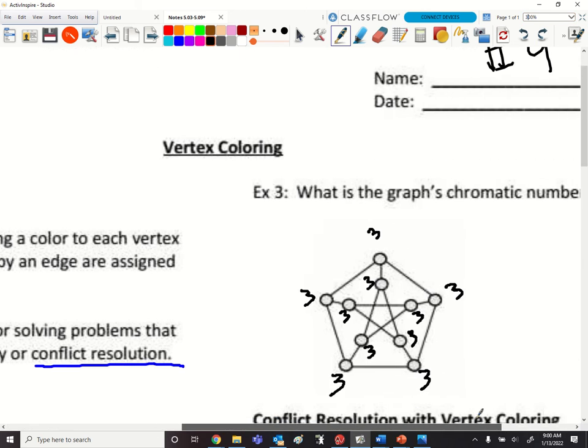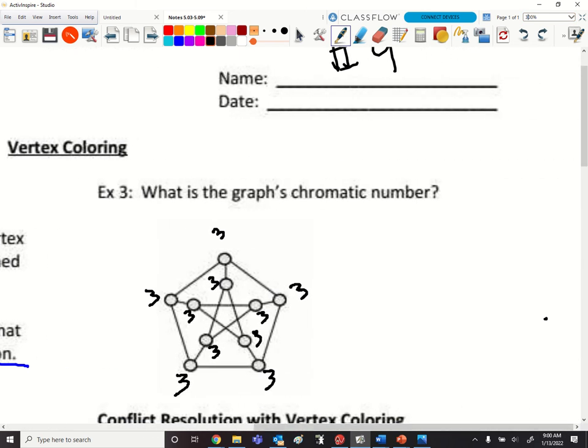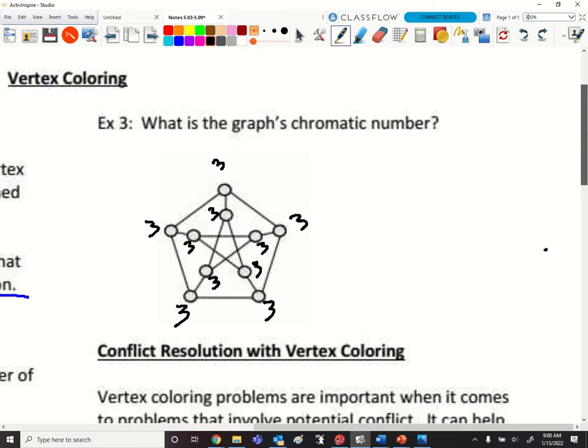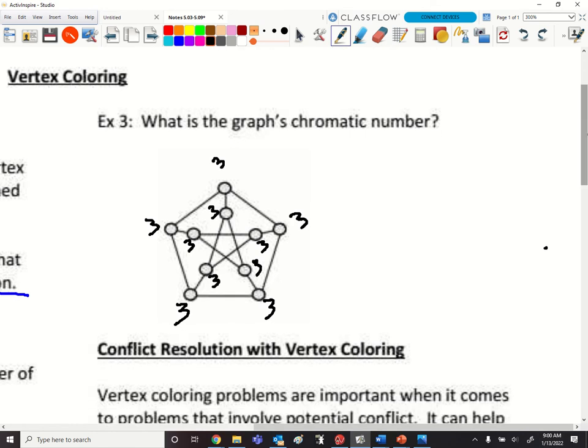All right, so let's try this. So I'm going to start here, right in the top.